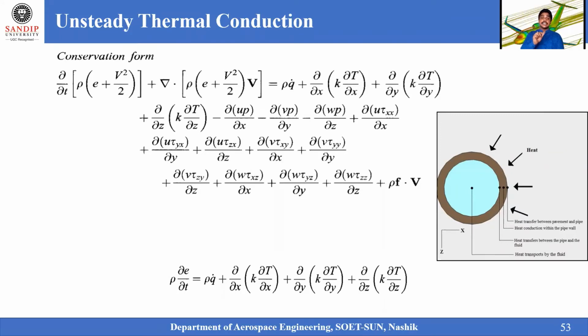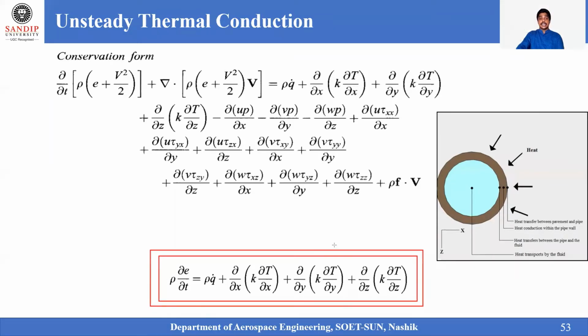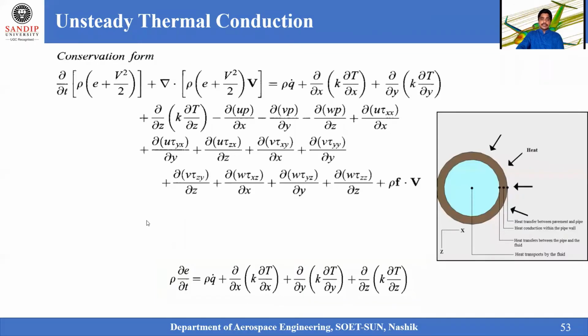So that is the unsteady thermal conduction heat problem we are addressing here, where the fluid is static. For obtaining that particular condition, that has resulted in this equation. Right? So this is our equation governing the unsteady thermal heat conduction. Unsteady resultant equation for the thermal conduction.